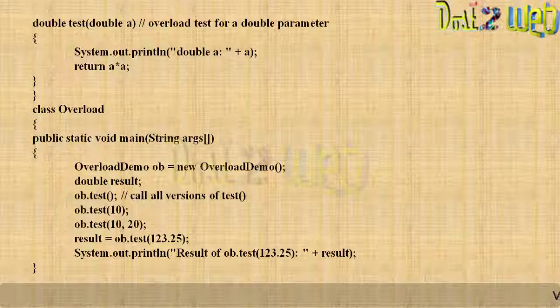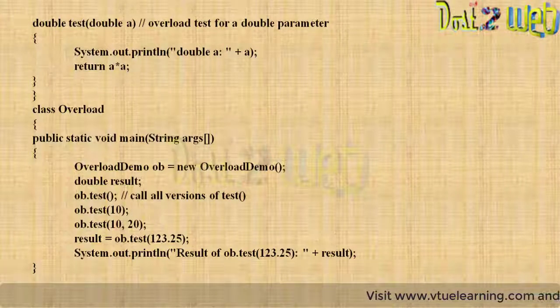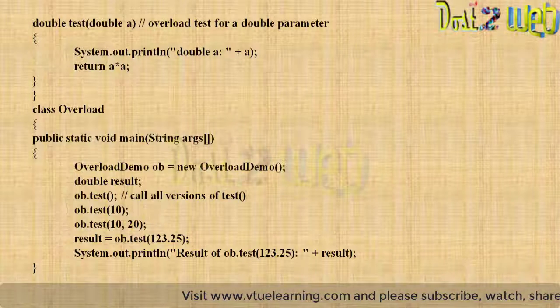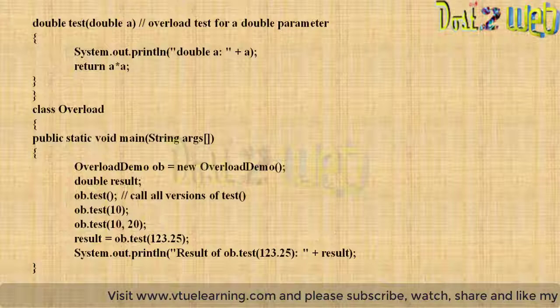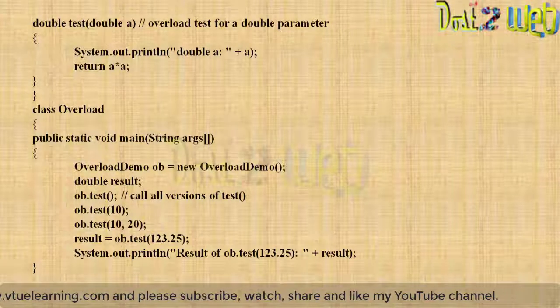So guys, I am again specifying to you all, whenever a question comes in the exam, what is overloading, write a program for overloading, or write a program to explain overloading, what you should do is not write only what overloading means. Write what is overloading, what is the syntax of overloading.